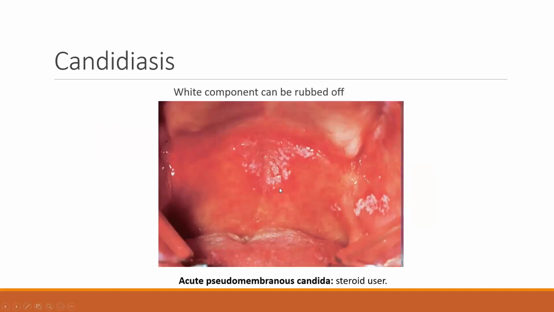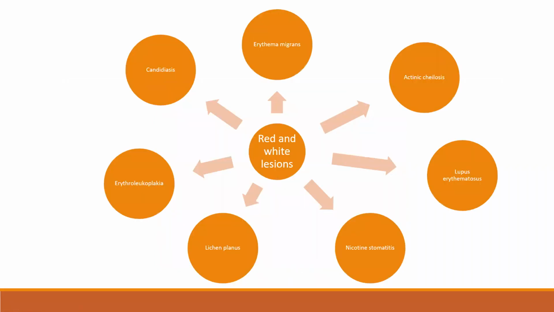Next example of red and white lesion is candidiasis again. As we saw in the first slide also, we have pseudomembranous type of candidiasis wherein the white lesion can be scraped off, leaving a red raw connective tissue. And that's why this is an example of red and white lesion.